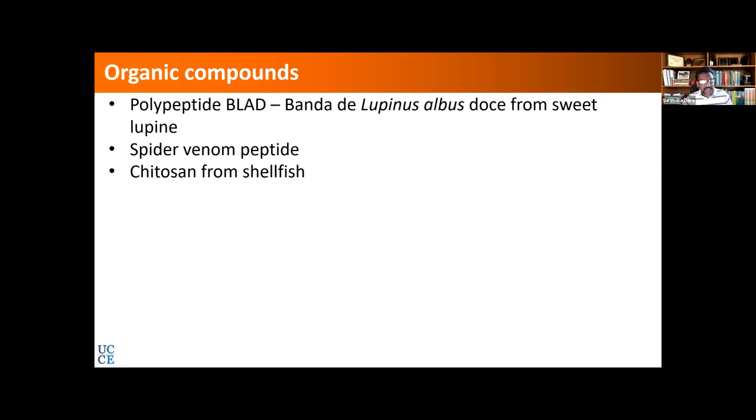These two are peptides, this is a fungicide, this is an insecticide, then this is a polysaccharide. Chitosan is a polysaccharide from the shells of shellfish, the exoskeleton of the shellfish, and it is a fungicide. And it also has biostimulant properties.